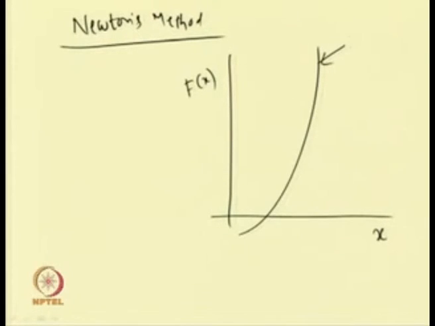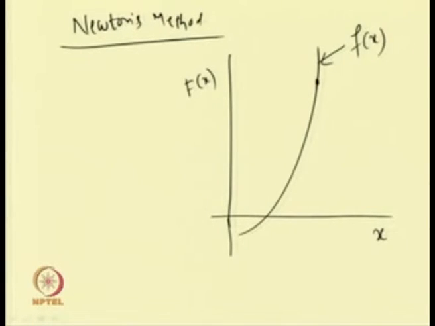So, this is our equation f(x). Here we need not bracket this thing, but we can take an initial point A, and the next point we can find by taking a point here.